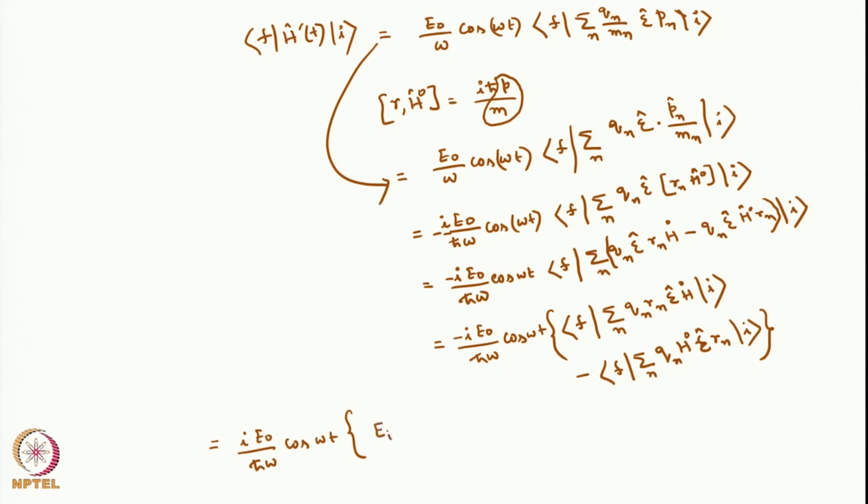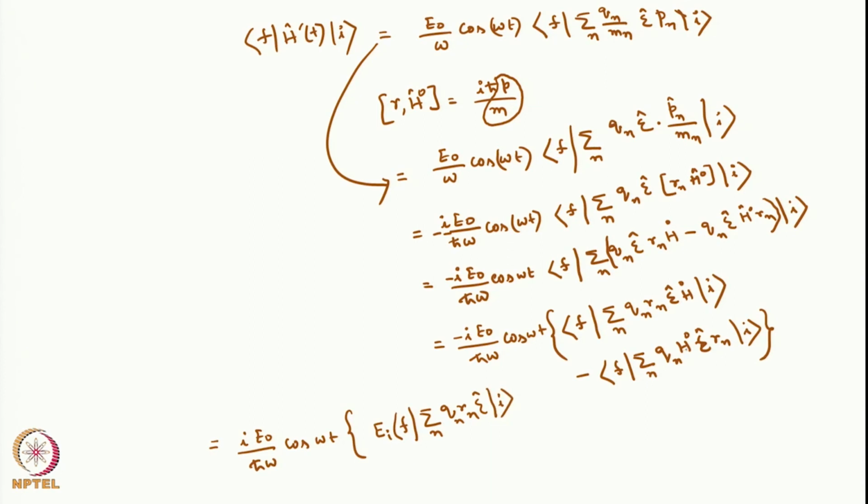E i is a number, so f sigma over n q n r n epsilon i.